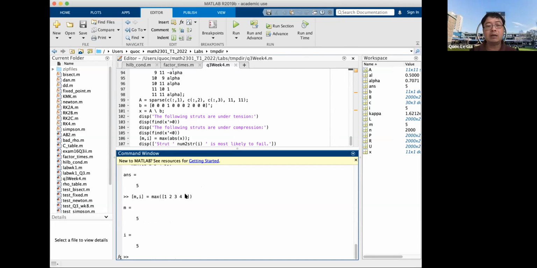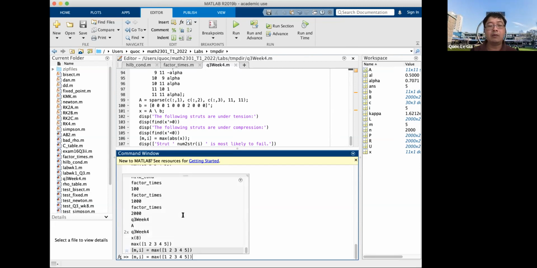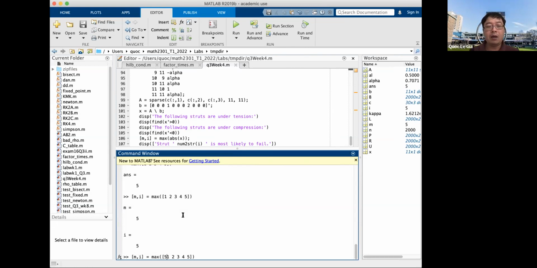If you write max of 5, 1, 2, 3, 4, then the max is still 5, but I is 1, so the index at which it attained the maximal value is 1. Does it make sense? Because we want to find out which strut has the maximal force, that's why you need the index.